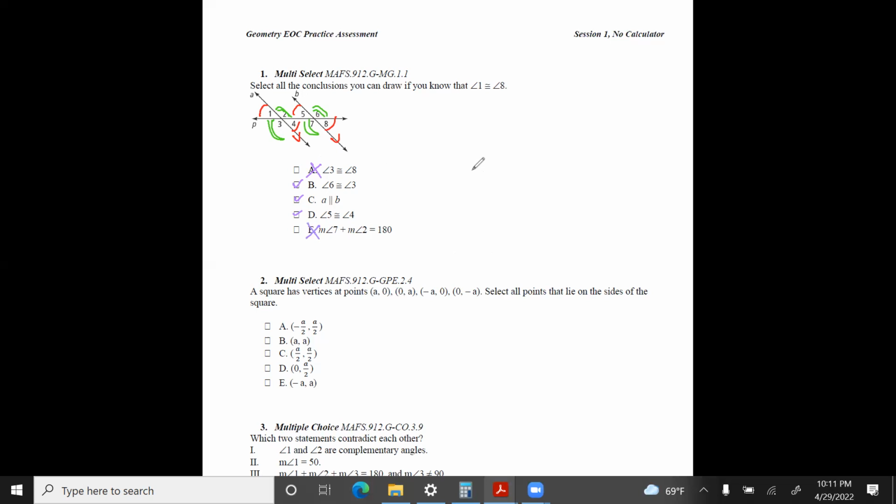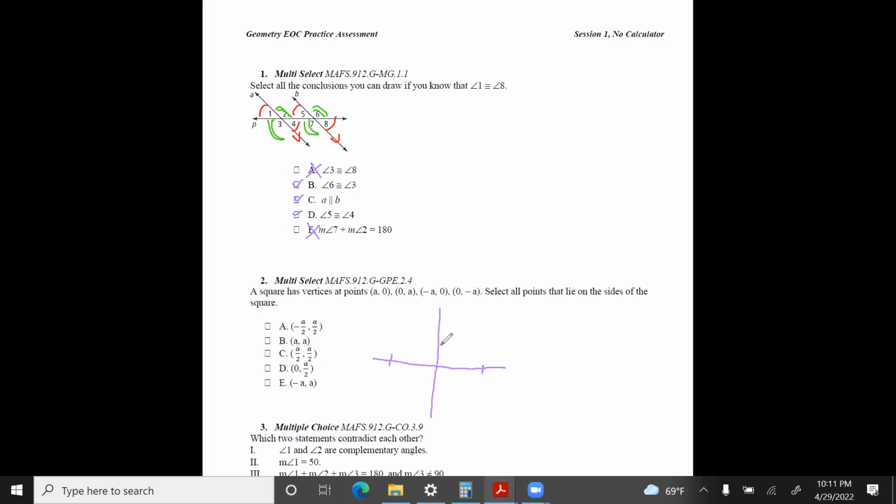All right, the next one, number 2. It says a square has vertices at points, and they gave us 4 different vertices. So if we graph this, again, on the EOC, you'll have graph paper on the last page of your scratch paper. Make sure you use that if you have a question where you need to graph. If you need more graph paper, always just ask for more. So we're going to graph these.